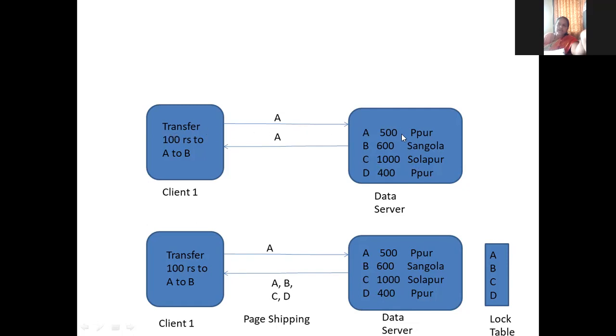Only single tuples are sent to the client side. So this is called atom shipping.